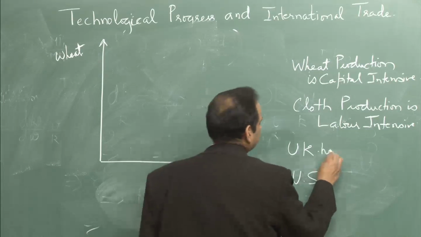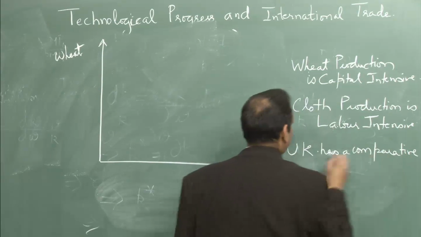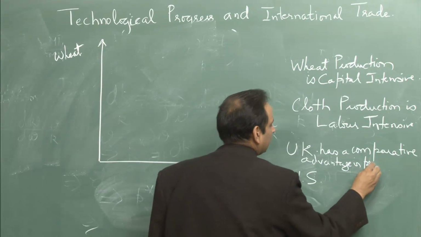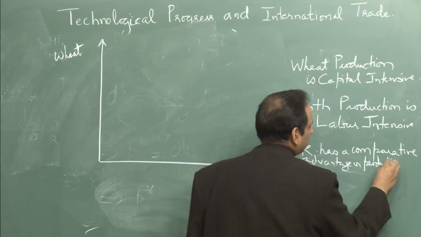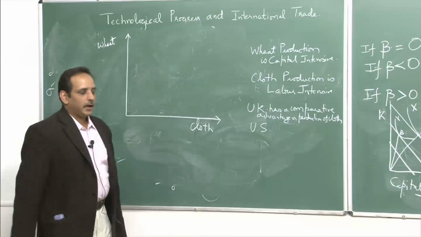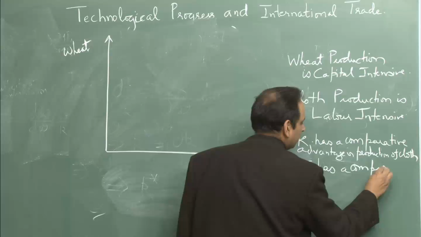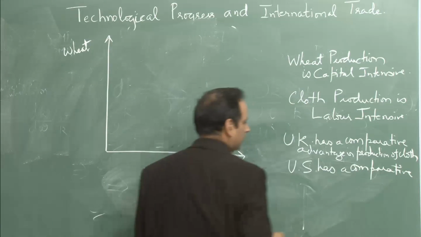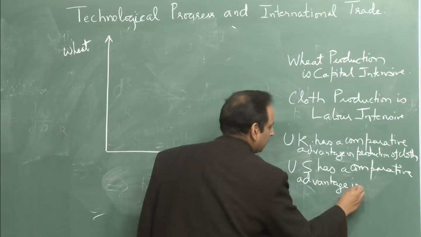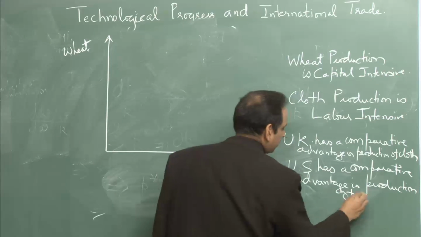UK has a comparative advantage in production of cloth, while US has a comparative advantage in production of wheat.